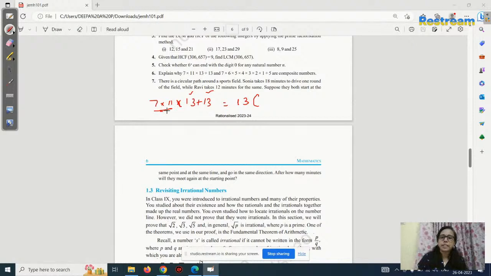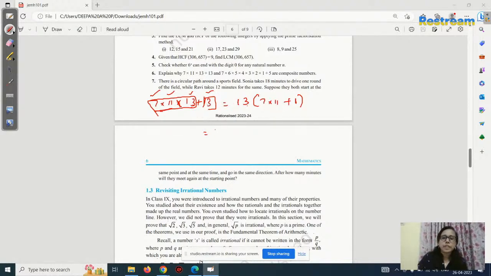Inside the bracket you will get 7 into 11, and from the second term, when 13 is taken outside, 1.